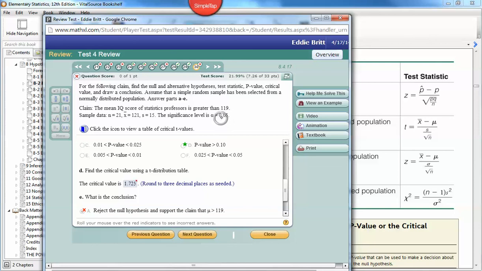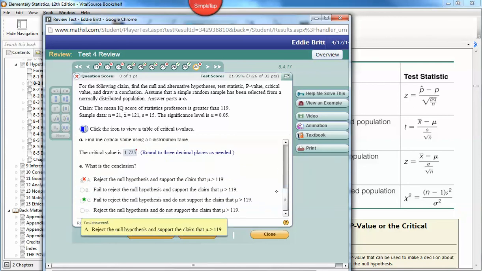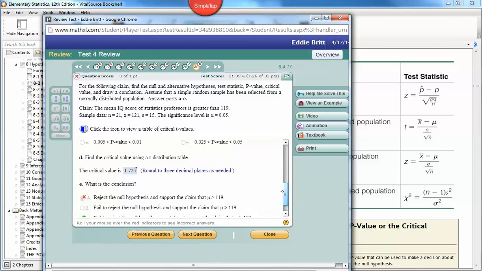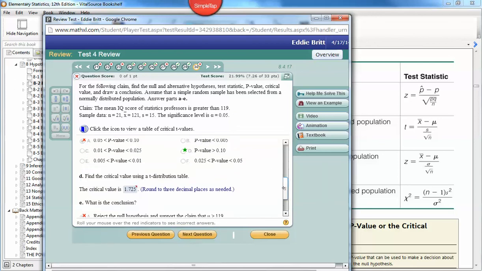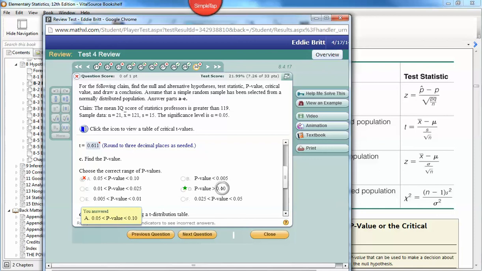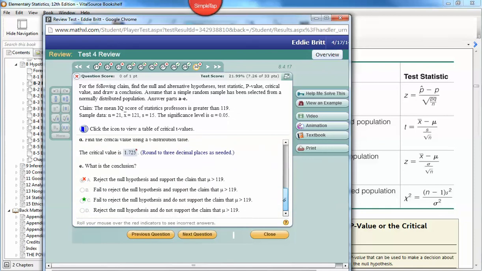Yes, that's 5/100ths, and that's 1/10. That's larger. So if it's larger, that means it's not in the critical region, so you would fail to reject. Whenever the p-value is larger than the significance level, then you fail to reject.